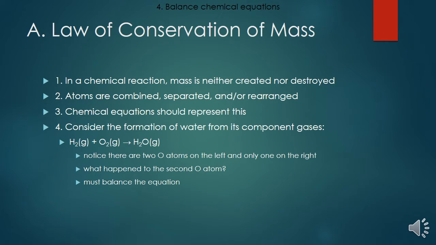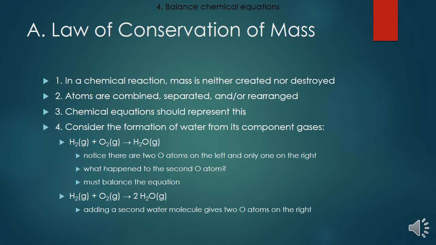So we might write it like this. We could show that we form two molecules of water by putting a coefficient 2 in the front of the formula for water. Now notice that would give us two oxygen atoms to match the two oxygen atoms on the left. But you might also notice now that we have four hydrogen atoms on the right, because I have two water molecules, each with two hydrogen atoms.